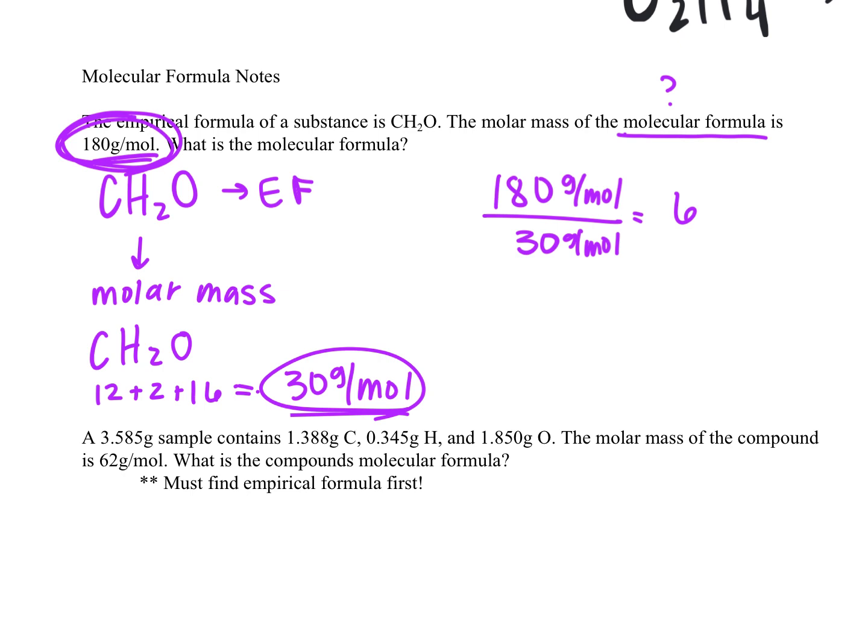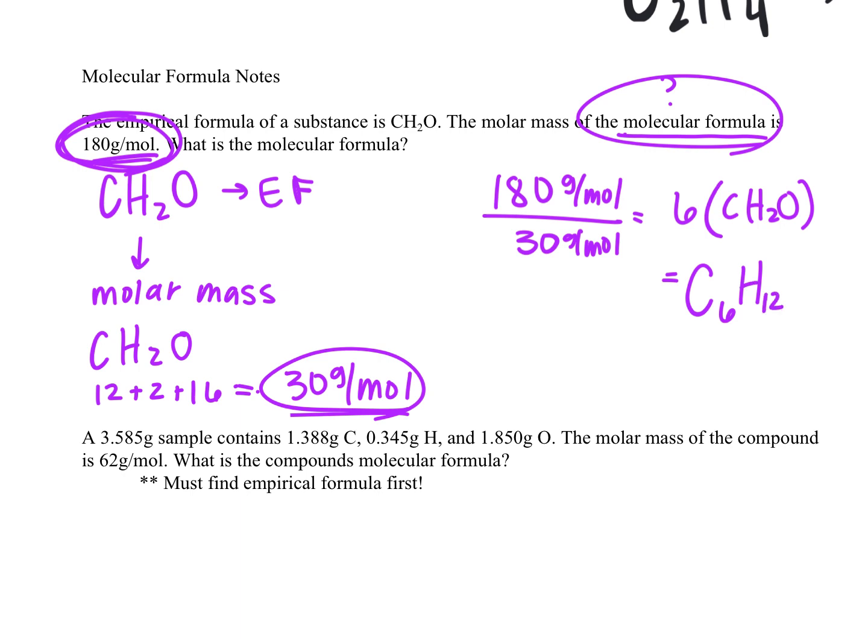So that's just telling me that my unknown compound is 6 times larger than my empirical formula. Okay, it's 6 times heavier. And so what I do is I take that 6 and distribute it through CH2O, and I get C6H12O6. This is my molecular formula.